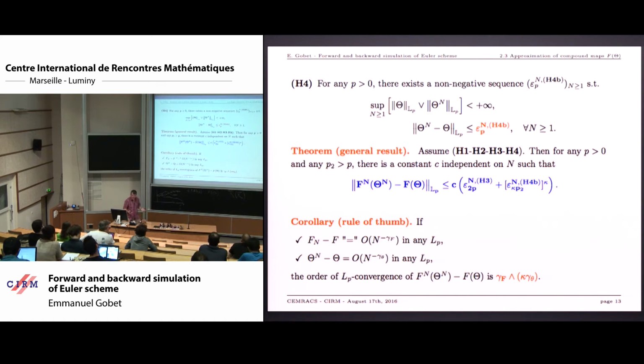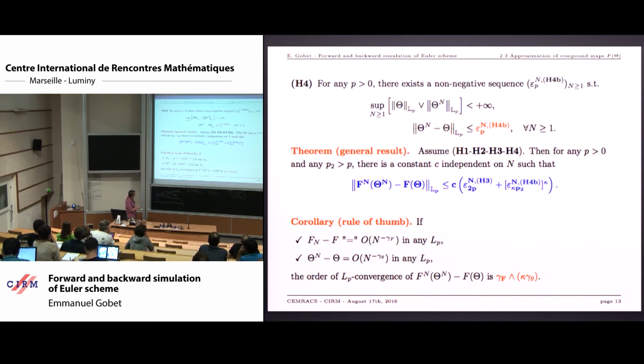And the result is quite easy to understand: the distance between the composition of my two approximated maps compared to the exact one is bounded by the approximations I have.